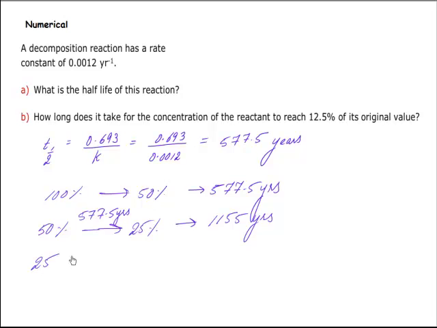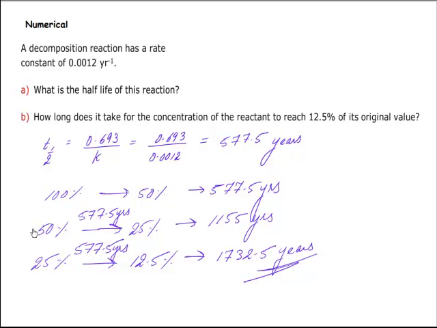So from 25% to become half of that, which is 12.5%, it will take another 577.5 years, and that will make it a total of 1732.5 years.